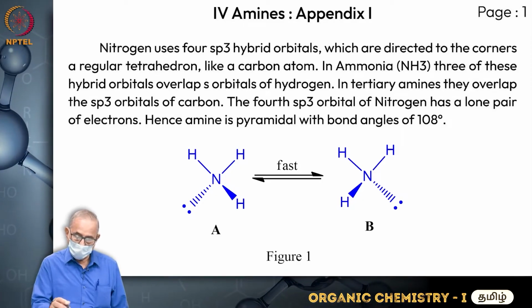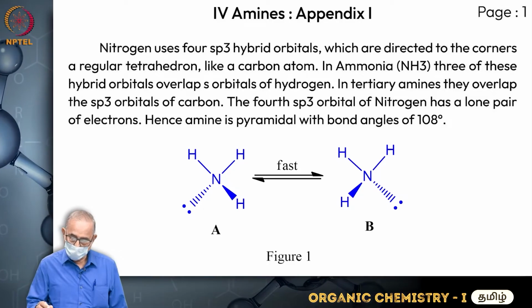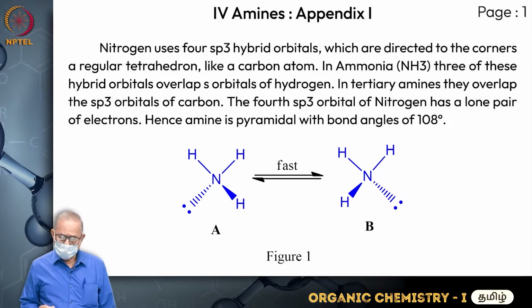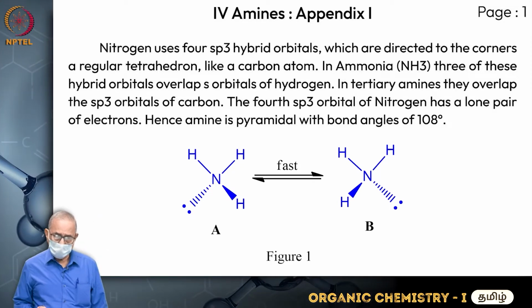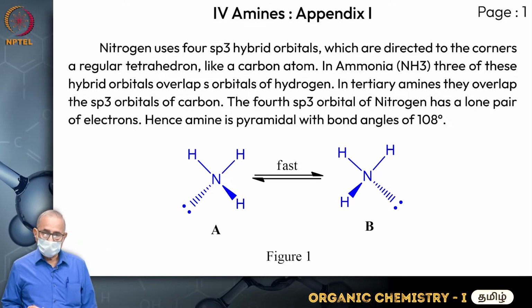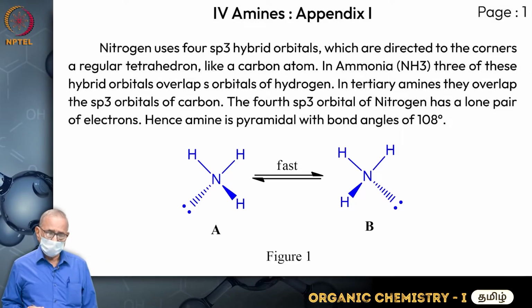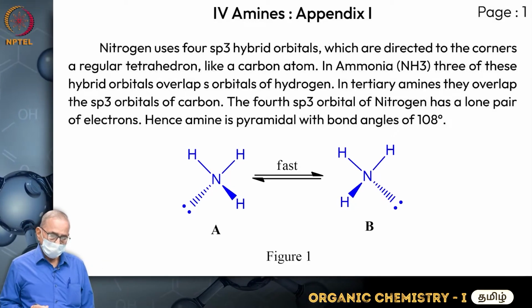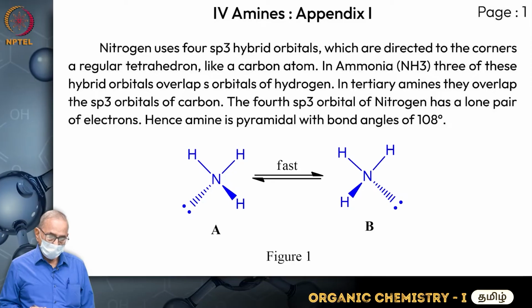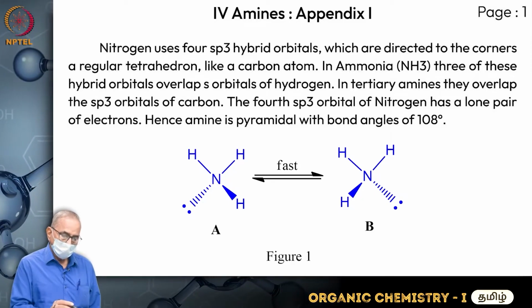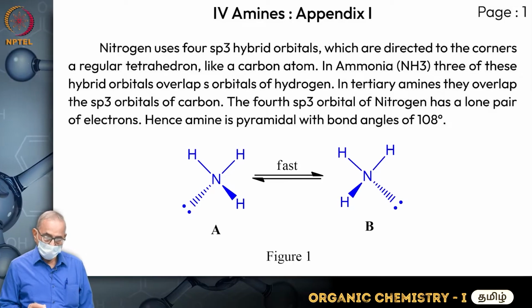This is in the plane of the ring, and the lone pair is on the opposite side. This is very similar to carbon compounds, where you have, say, in methane 4 hydrogens attached, except in this case one of the hydrogens is removed and the lone pair of electrons is in the same place.